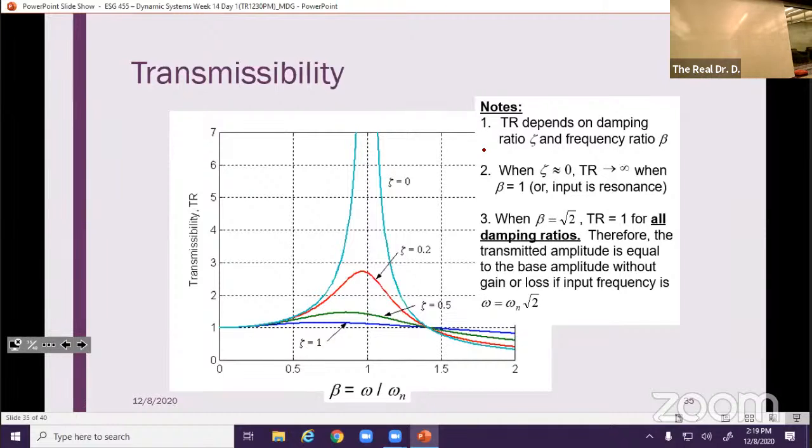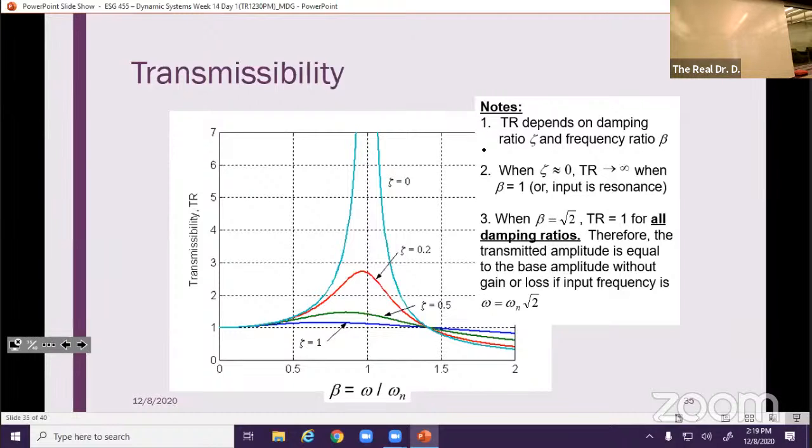So when beta is equal to √2, which is like 1.4-ish, the transmissibility is equal to 1 for all cases. Doesn't matter what zeta is. When beta is equal to √2, the transmissibility will always be 1. Right here, root 2. Right there, at this point, all transmissibilities of 1.